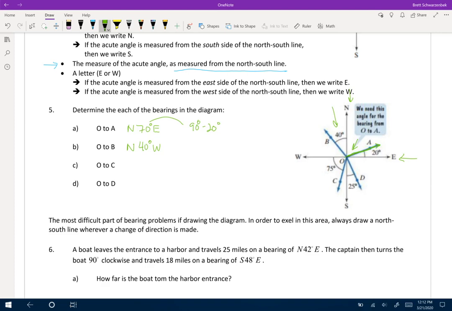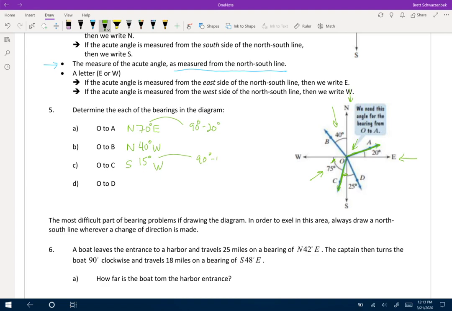So what about O to C? O to C down here is in the southwest quadrant. So we have to look over here and ask, which angle? Is it 75 degrees? If you look closely, that's actually being measured to the east-west line. We want this angle here, so we have to do 90 minus 75 to get south 15 degrees west as our measurement.